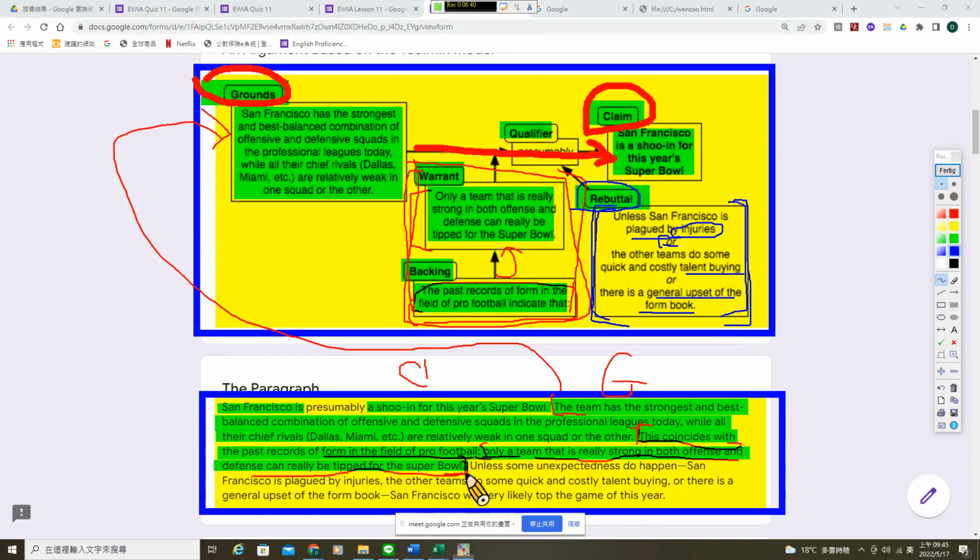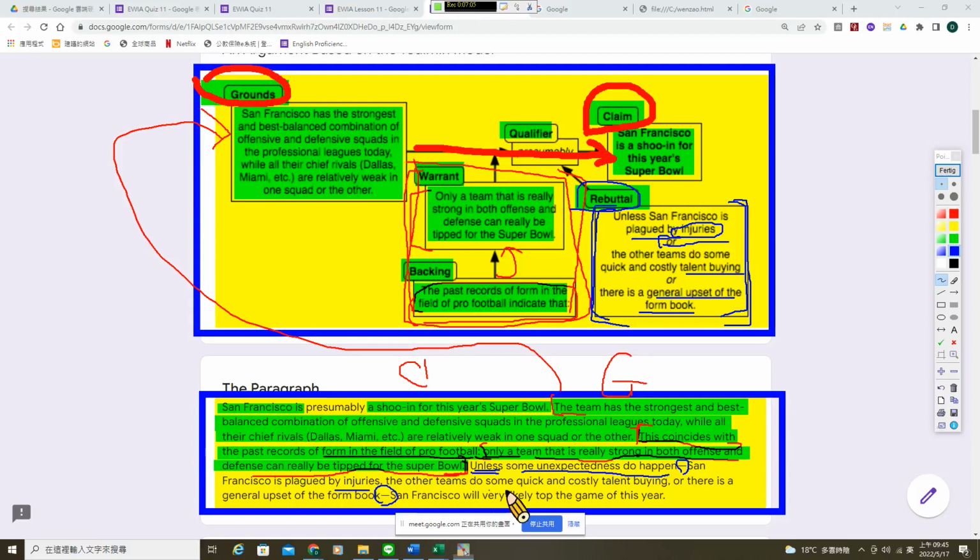Here you see, unless is rebuttal. Some unexpectedness does happen. So we have a dash and dash. Basically, San Francisco is plagued by injuries. This is number 1, rebuttal.